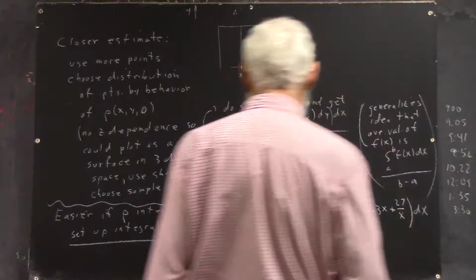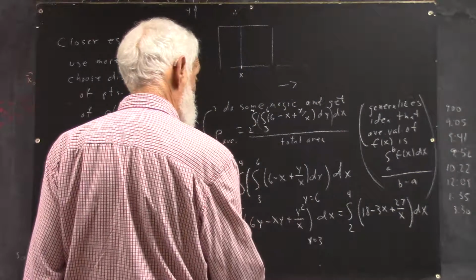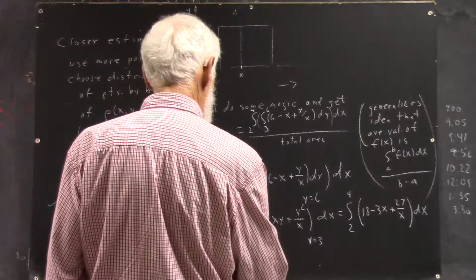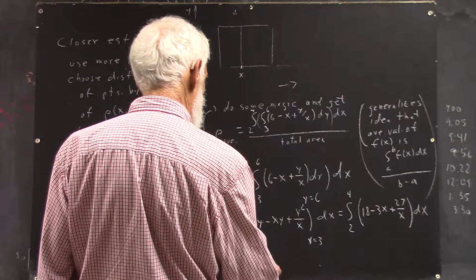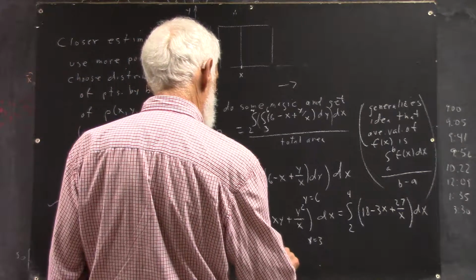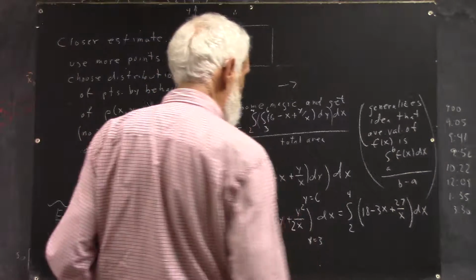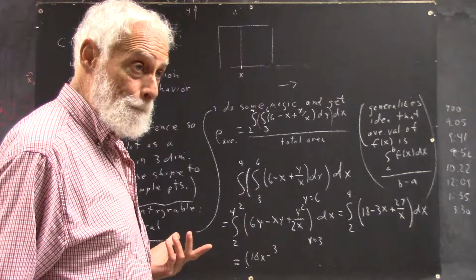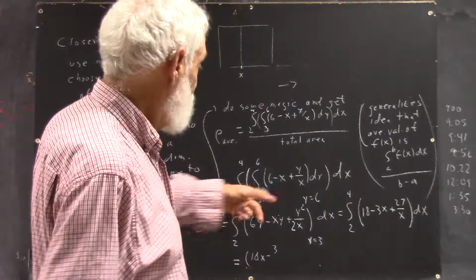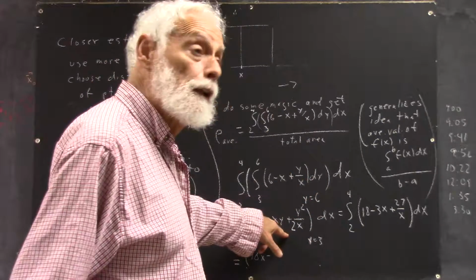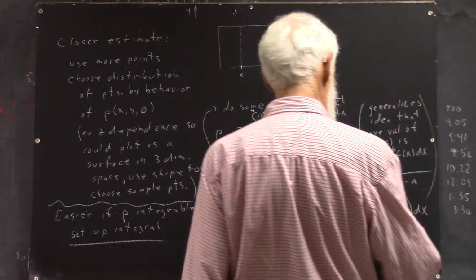Anyhow, we integrate that with respect to x. Well, what does that give us? Let's write it out carefully. That gives us 18x minus 3, oh, I got y squared here, it's y squared over 2, right? I mean, antiderivative of y is y squared over 2, and some bonehead forgot to write that down. Okay?